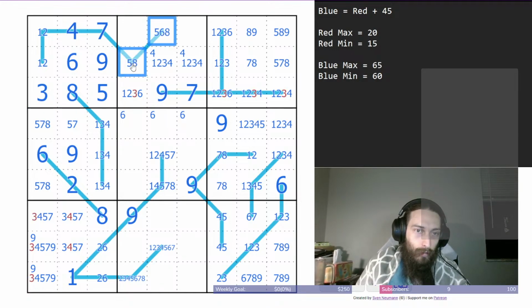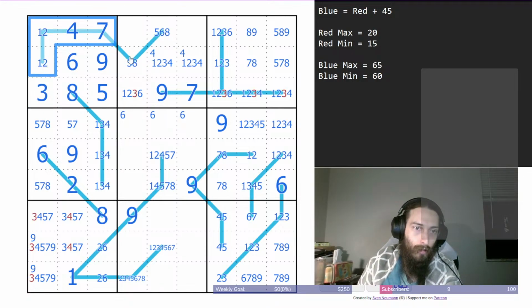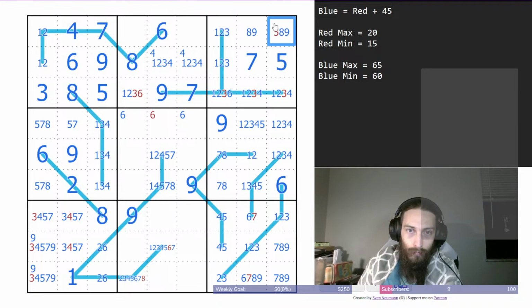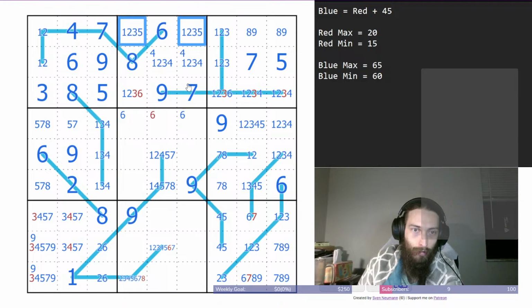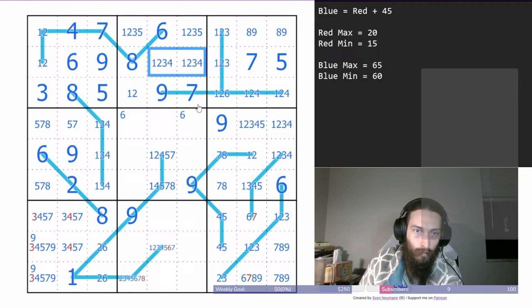And now this has to be 6, 8, because this is 7 and 14. 8, 9 pair, so 1, 2, 3, and 5, I think. 3 and 6 is out, not a 6. Well, so leave the 4s there.